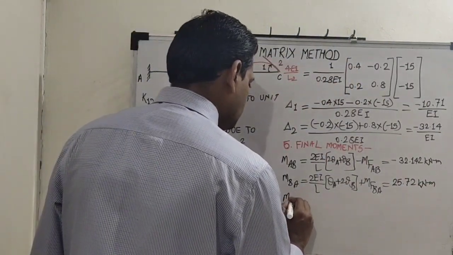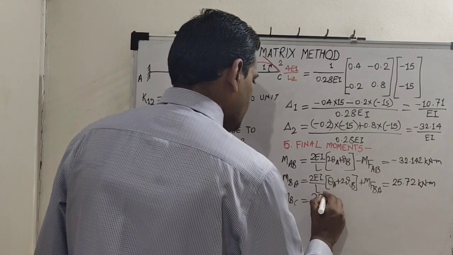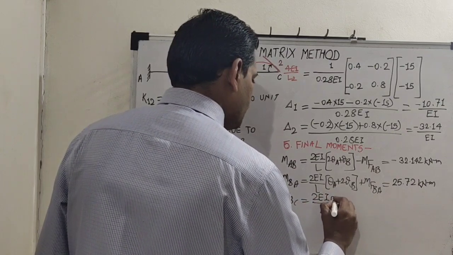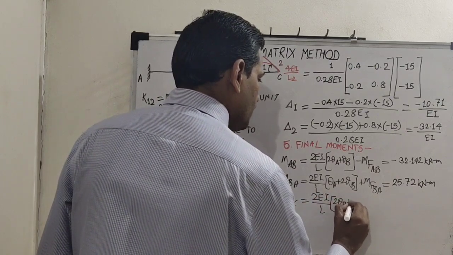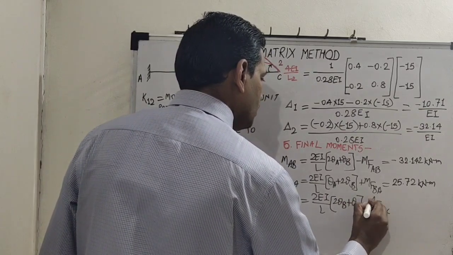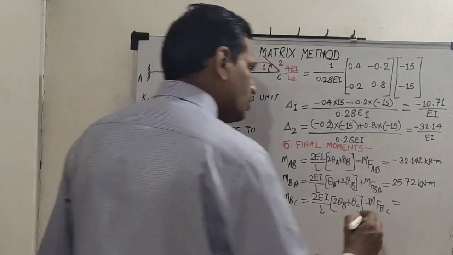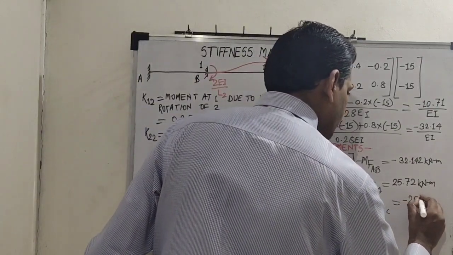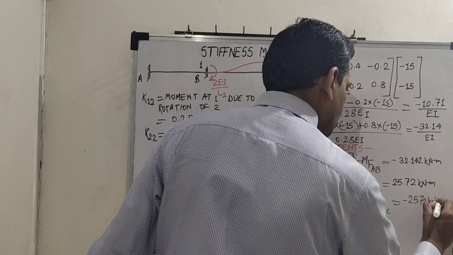MBC is 2EI by L into bracket 2 theta B plus theta C minus MFBC. Okay, so this also comes to be minus 25.72 kilonewton meter.